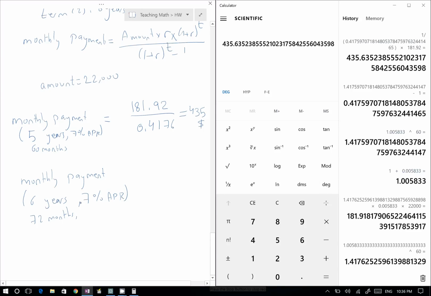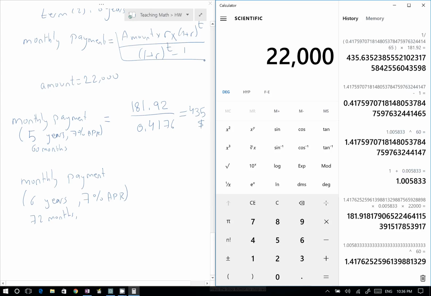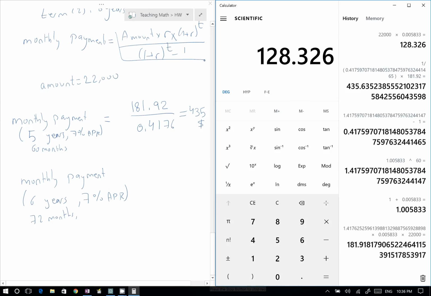Apply the same formula, the same ugly formula. 22,000 multiplied by R, 0.005833. Of course I memorized it. Multiplied by 1.005833 raised to the power 72.